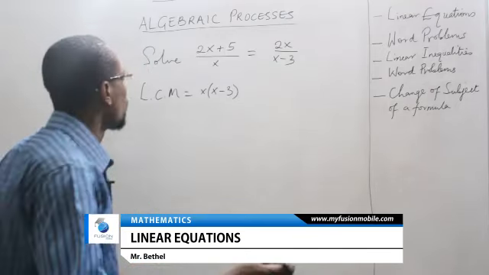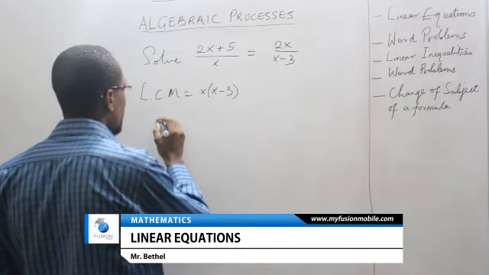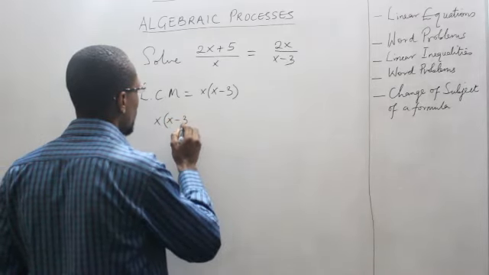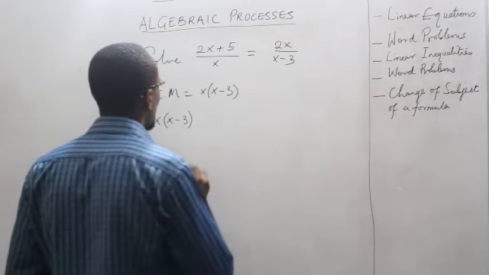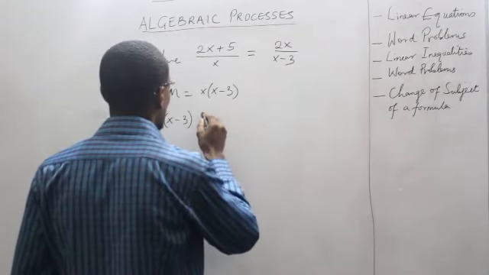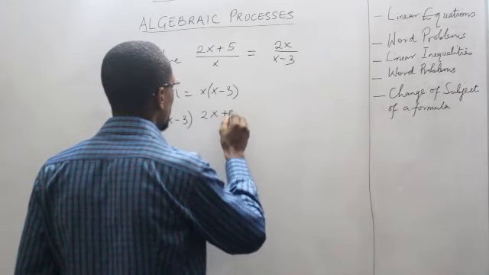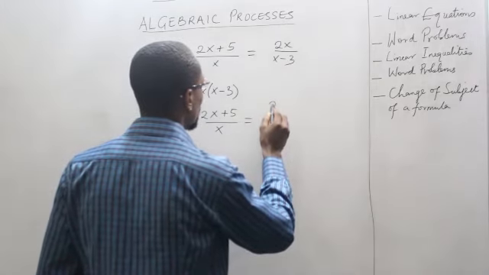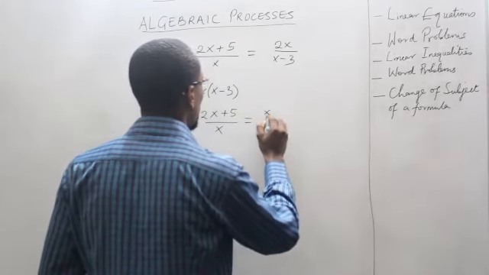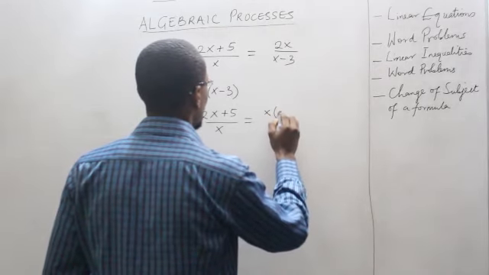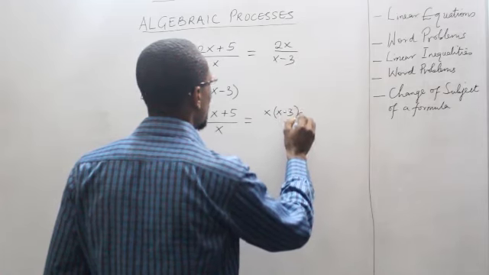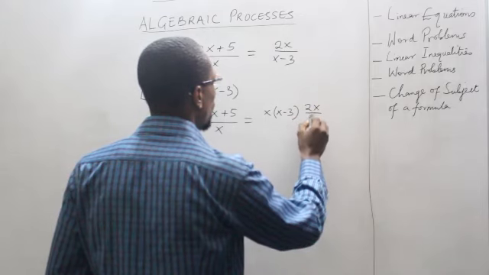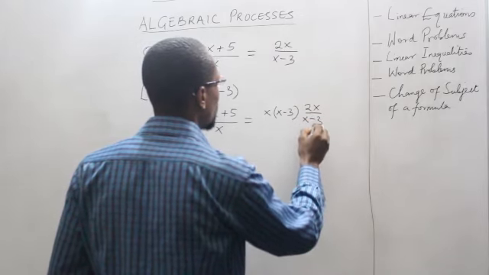Let's look at it. So we say x into x minus 3, multiplied by 2x plus 5 over x equals x into x minus 3 multiplied by x over x minus 3.